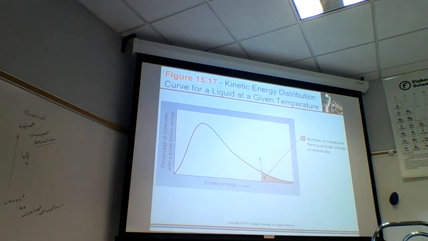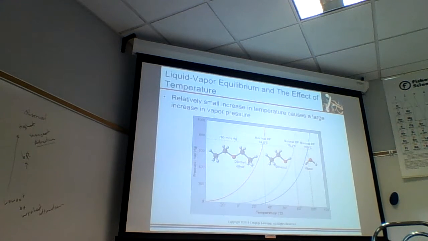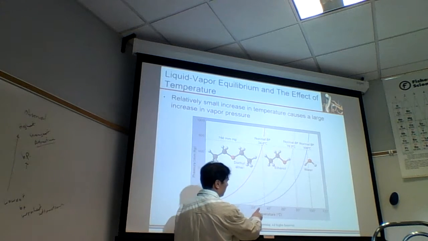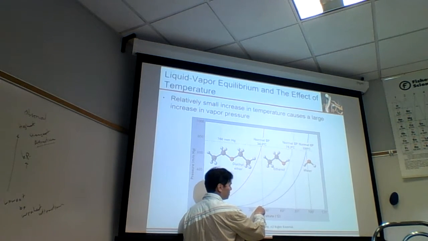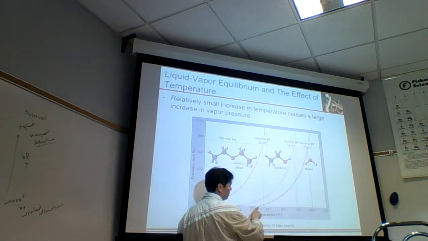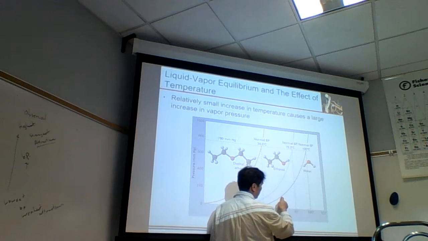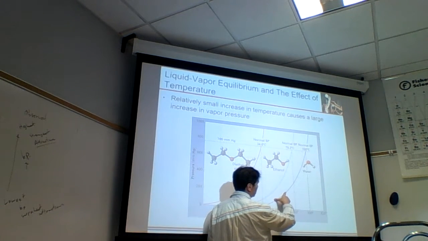So you can see this in a graph here. It's nonlinear, this change. And so at low temperatures, not much vaporizes. And so this is the pressure generated by the gaseous water molecules. As I increase the temperature, I get more and more gas molecules. This is all for 100% relative humidity.